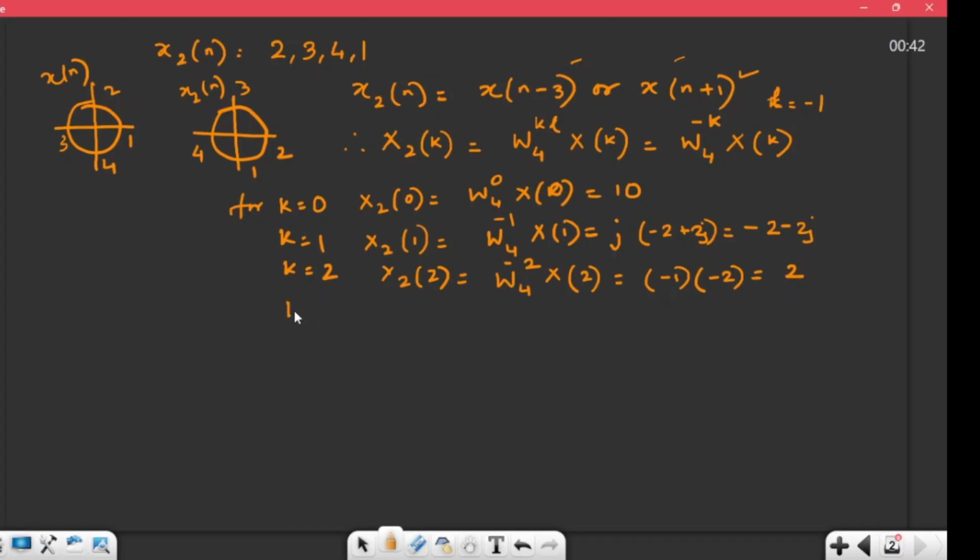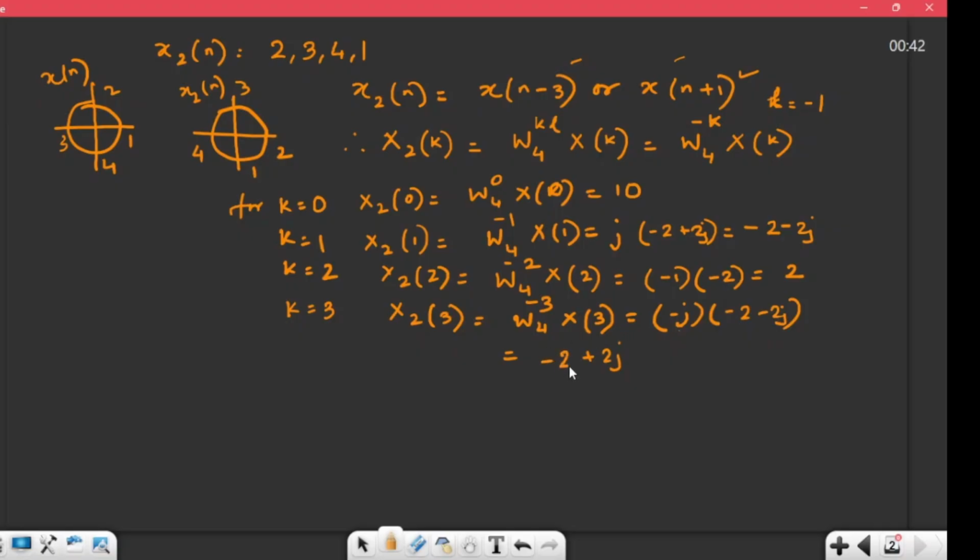And k equal to 3, x2(3) is equal to W4^-3 x(3), which is minus j into minus 2 minus 2j, is equal to plus 2j plus 2j squared, which is minus 2.